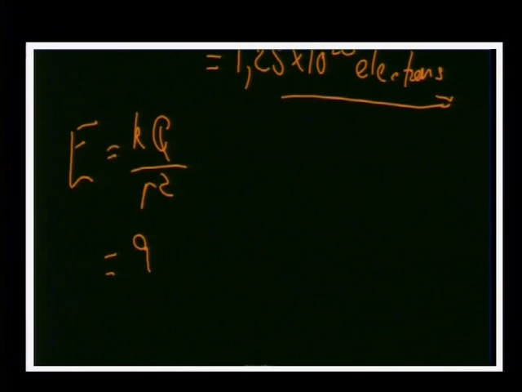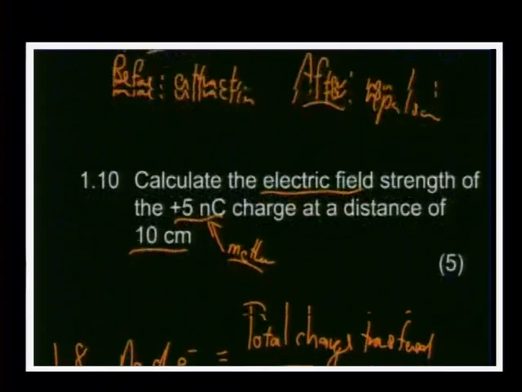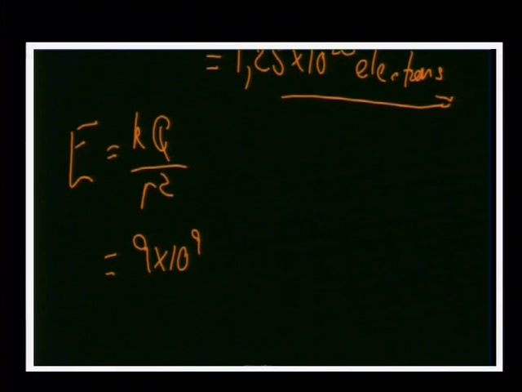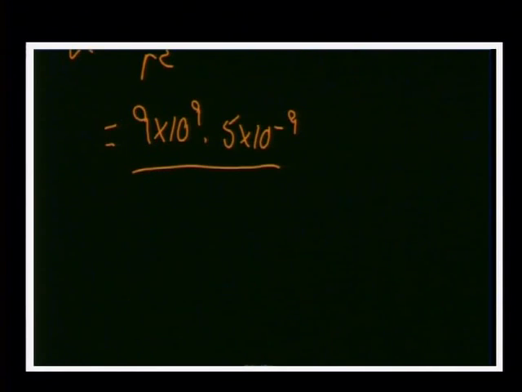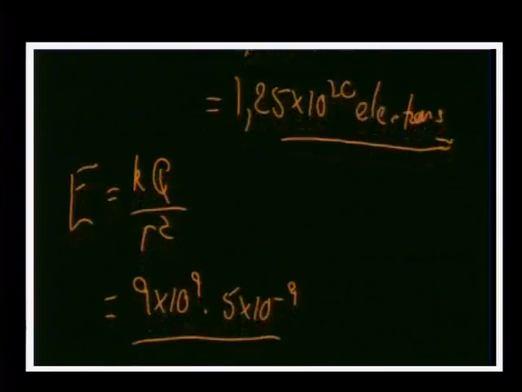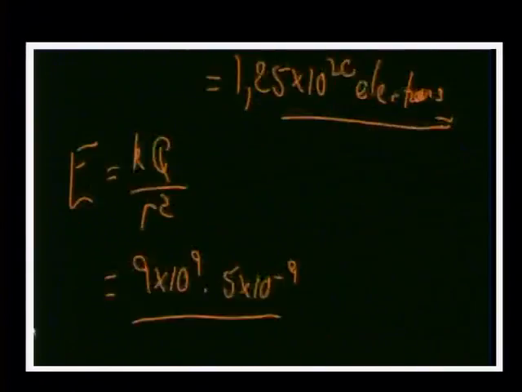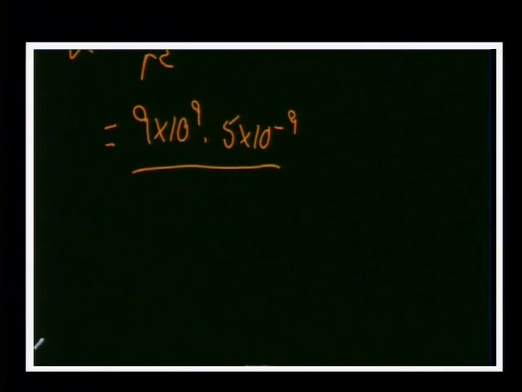So 9 times 10 to the 9, the charge was the 5 nanocoulomb, 5 times 10 to the minus 9, divided by the distance between them. The distance was 10 centimeters. We're going to convert centimeters to meters.